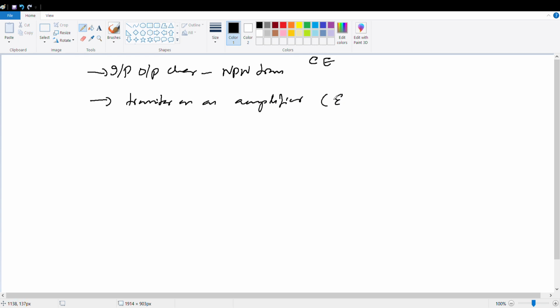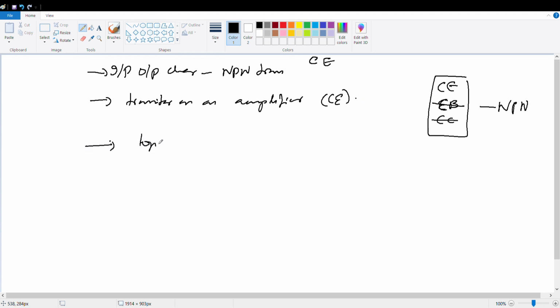That also is CE. Why CE? You have three types of transistor configuration: CE, CB, and CC for NPN. But in your syllabus, you have only CE. And then we will study logic gates. This is what is there in your syllabus.